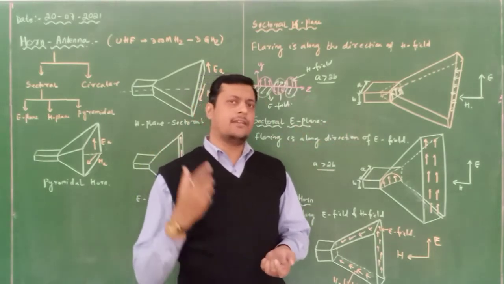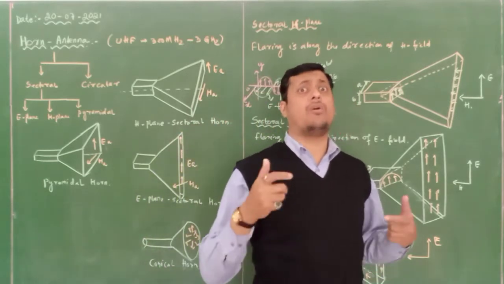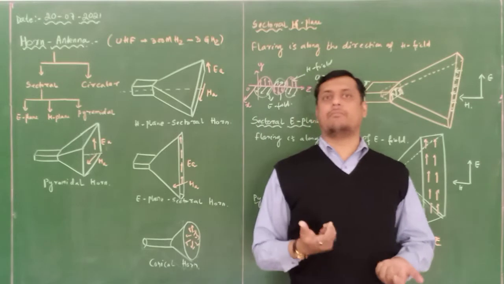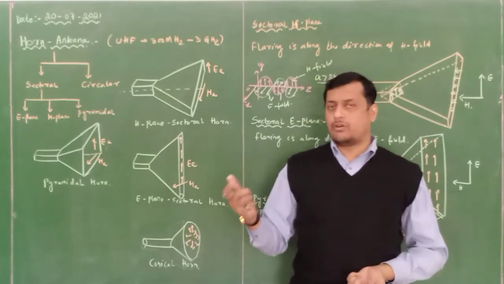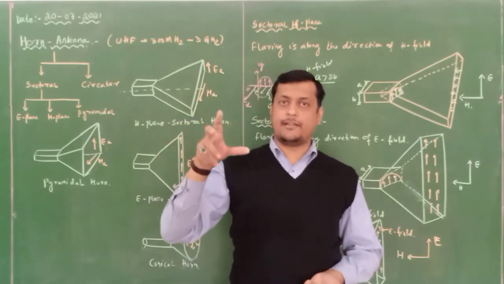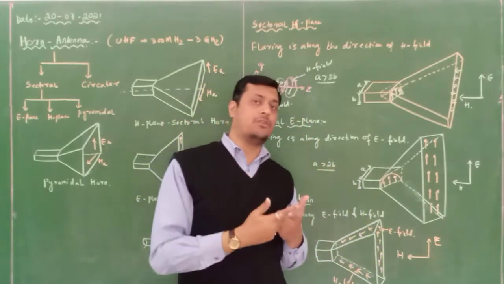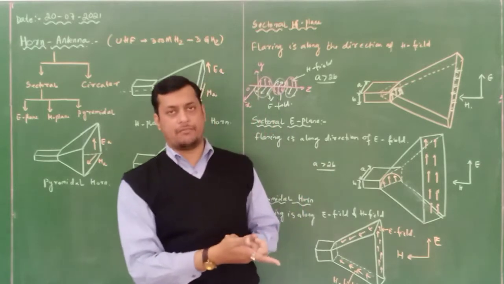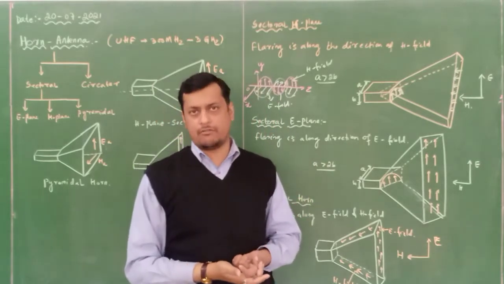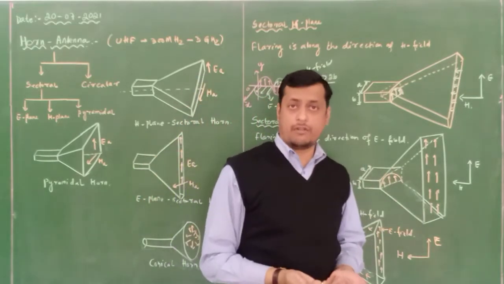Now for that, again one most important factor will come, how we are going to deliver the maximum output power. This maximum output power we have seen in the Friis equation, how that radiator or how that antenna works. If you are giving the input power, what will be the radiated power? So here also same principle we are going to identify, what is the maximum power we are going to deliver.